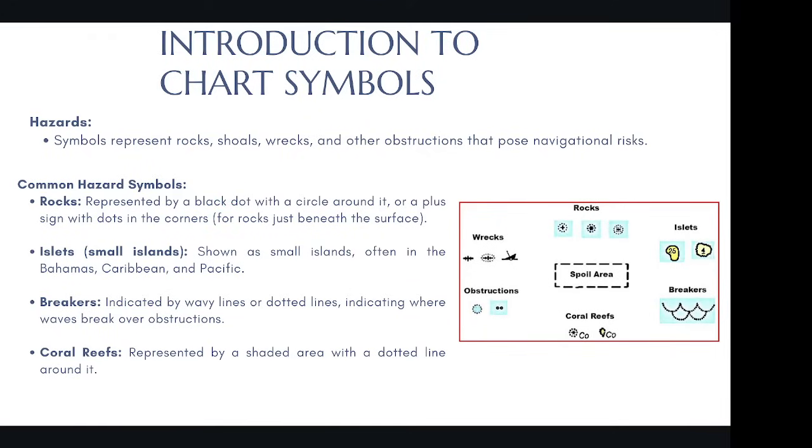We also have here the islets. These are the small islands, shown as small islands, often in the Bahamas, Caribbean, and Pacific. We also have here the breakers. The breakers are indicated by wavy lines or dotted lines, which indicate where the waves break over obstructions.